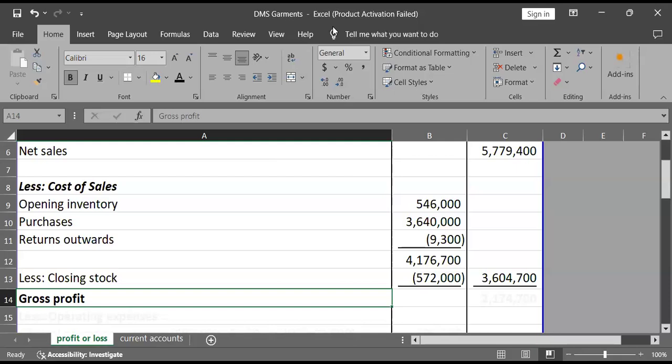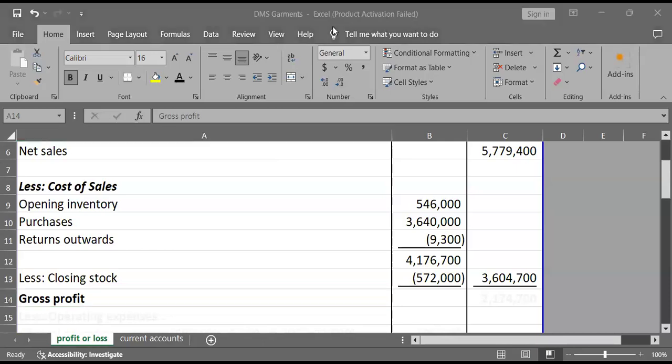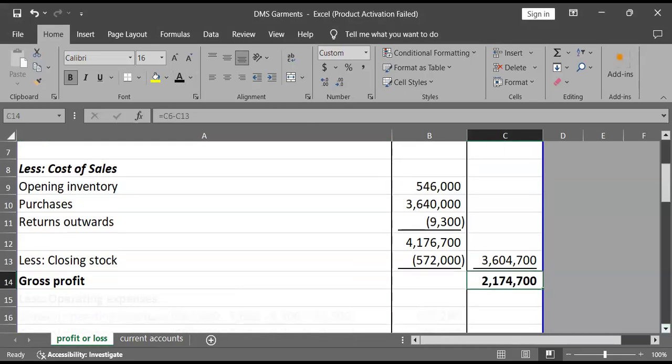Okay, profit of 2.1 million. Thank you, everyone. We'll have a profit of 2.17 million.